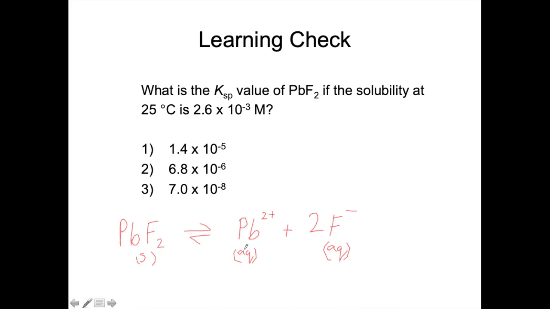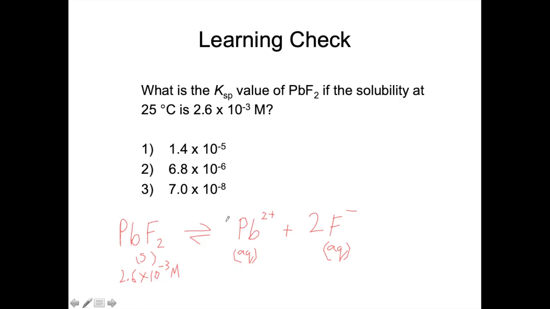Okay? So based on this, hopefully you should be able to write out your KSP expression. But one thing I'm going to point out here is that our concentration is 2.6 times 10 to the negative 3 molar. Think about what this concentration is and what this concentration is.